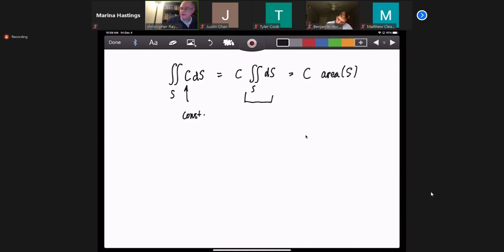So if you have a way of getting the surface area easily, then you can use that. You don't have to convert this to a double integral. If you were dealing with something like integrating over a square or a rectangle or a circular disc or a sphere, there are formulas from geometry that will give you the surface area in many cases.